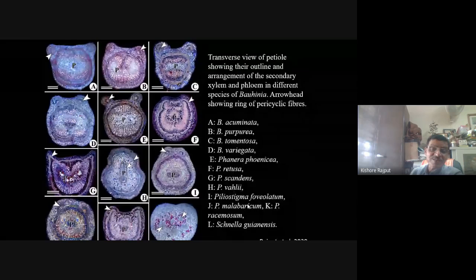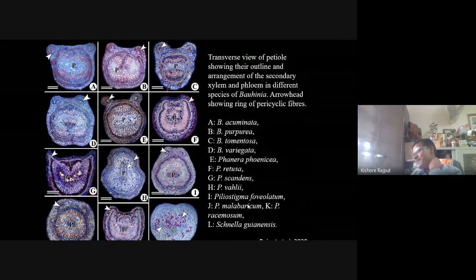Then here we have studied some 12-15 species of Bauhinia. You can look at the arrangement of vascular bundles and then cortical bundles. They vary in all the species. In some cases they are absent. And you can identify all the species which are found in India just using the leaf petiole.